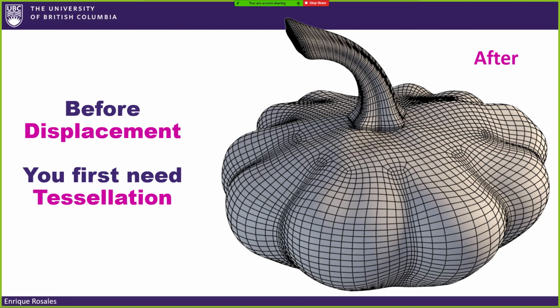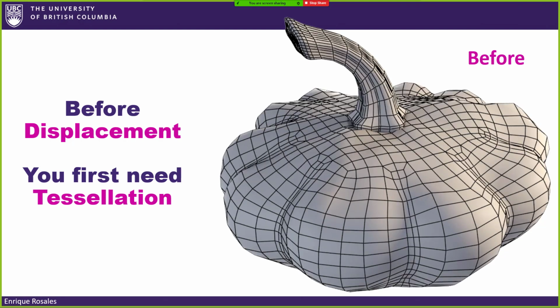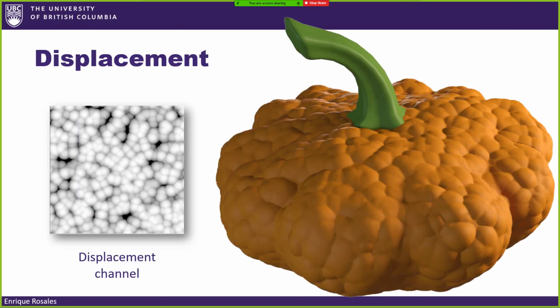But displacement is a bit more complicated. What is happening here is that instead of just faking the normal, you need to first tessellate. So you increase the number of triangles and obviously the number of vertices, and then for those vertices, at the vertex shader level, when it's already tessellated, you move them along their normal.